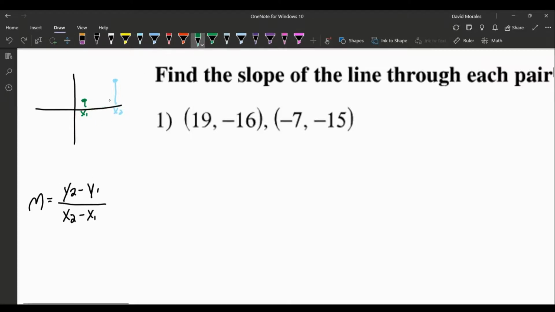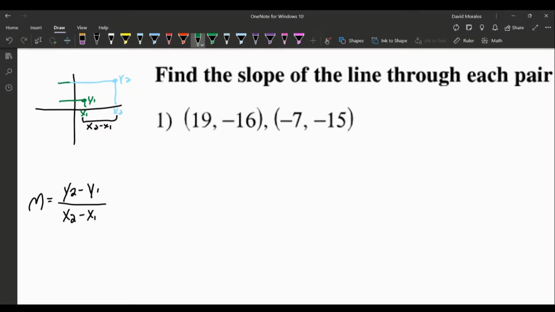And when you subtract that, you get the difference between x1 and x2. And then here again, how high is y2 versus y1, right? Y2 is higher than y1, but how much?